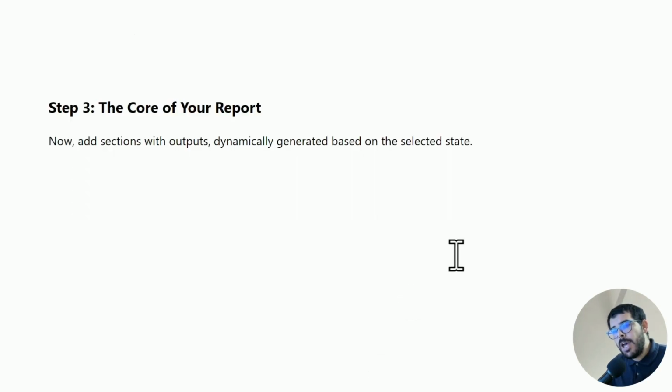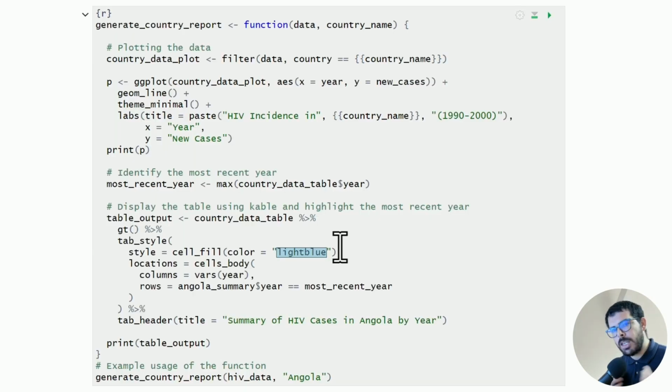The last step after we did all of this is to create the code that generates the output for our report. In the beginning of this lesson, we created a function, the generate country report function, and this function allows us basically to generate a plot and show it, and also generate a table and then show it.